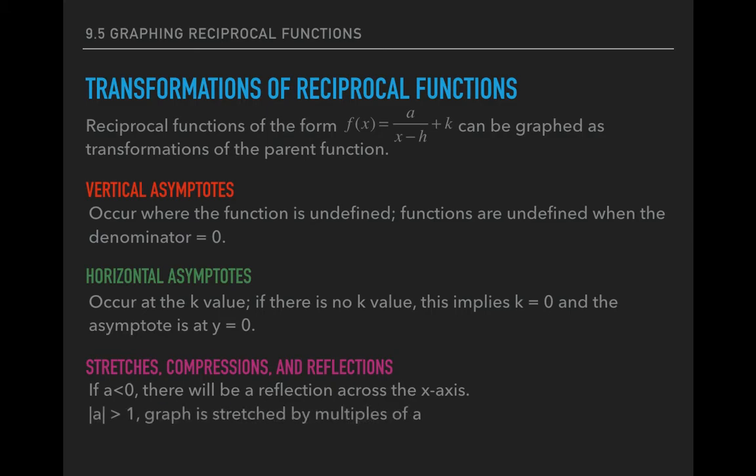If the absolute value of your a value is greater than 1, so something like a 3, a 5, a 7, negative 2, any one of those, it's going to stretch your graph. And conversely, if your absolute value is a fractional amount, like 1/3, 1/2, 1/5, it's going to compress your graph.